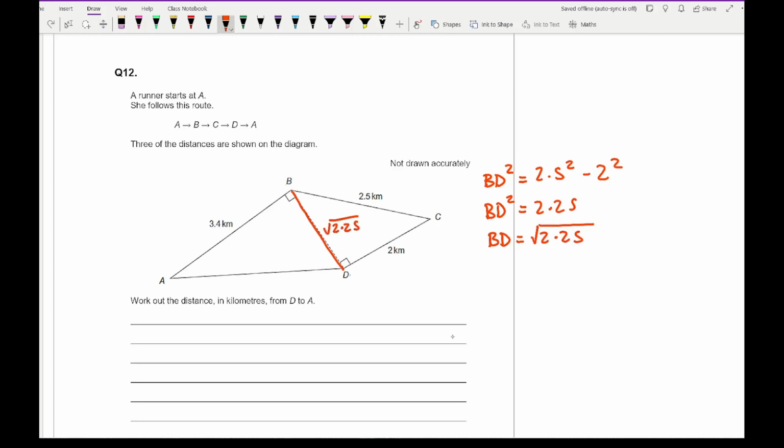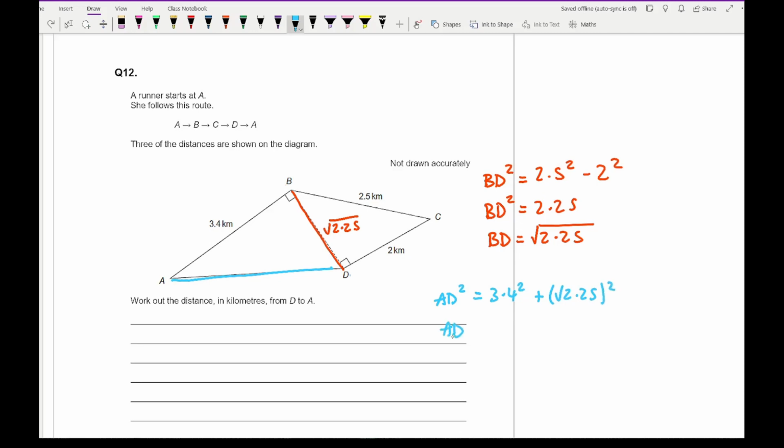So then to work out what A to D is, which is what the question's asking me to find, A to D, now that is the long side of the triangle ABD. So it's going to be AD squared is going to be equal to 3.4 squared plus root 2.25 squared.